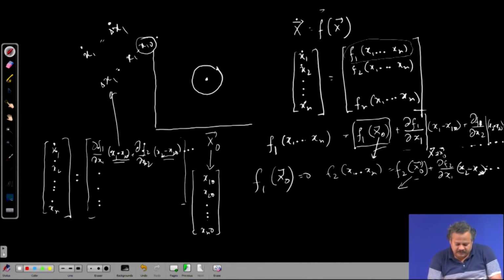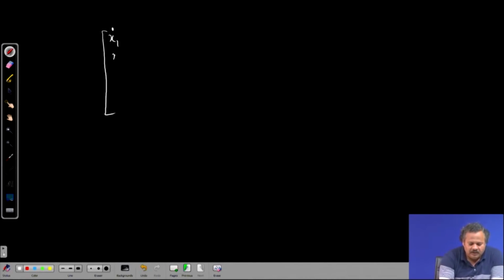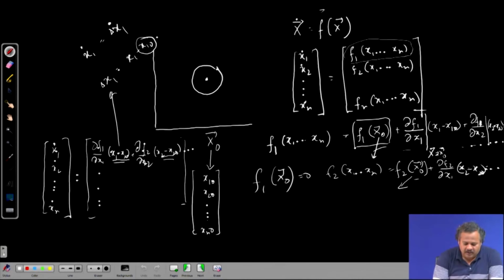So, let us go one step further. We have x1 dot, x2 dot, up to xn dot, and now we convert the earlier functions.